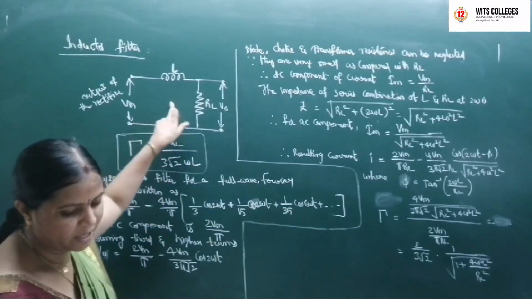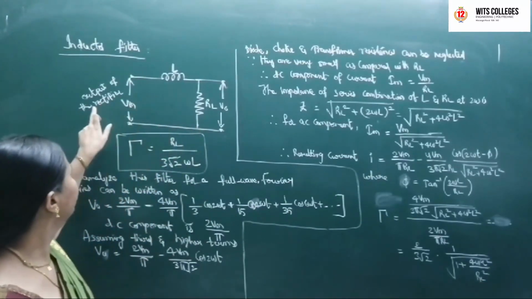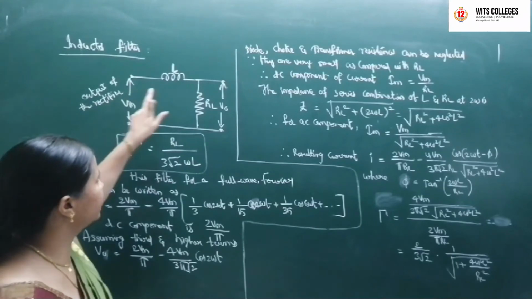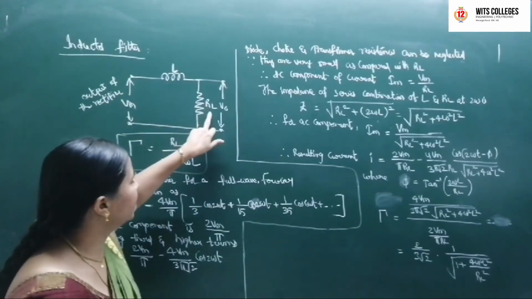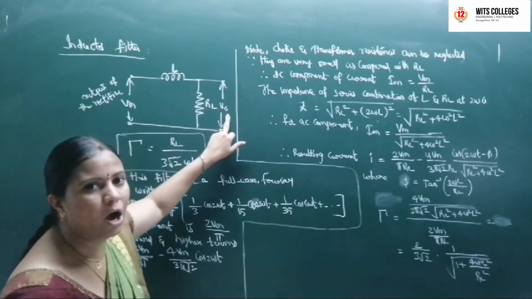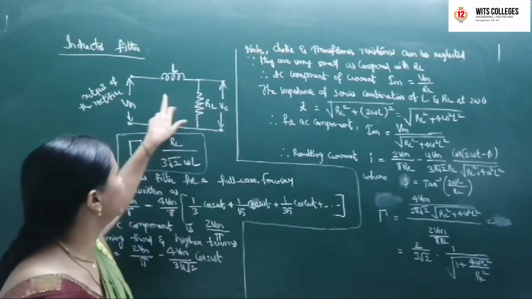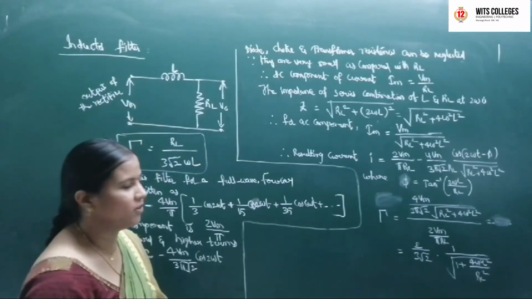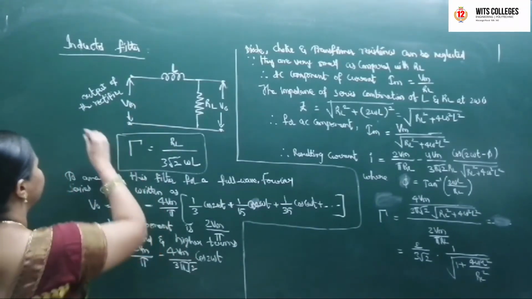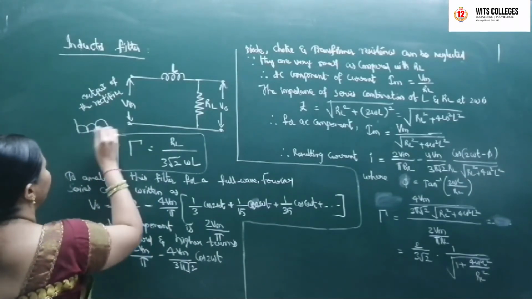So coming to the inductor filter, this is the circuit diagram of the inductor filter. Here we are connecting inductor L. The output of the rectifier is the input for the inductor filter. There is a load resistor where we are going to take the output voltage V0. Here, what is the use of the inductor?